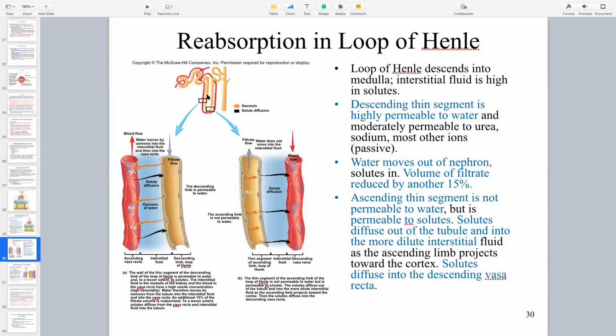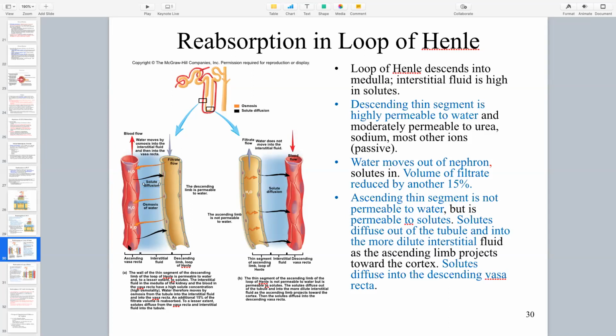So as the fluid in the filtrate moves downwards, down the descending limb, water moves out of this tubule system. It moves out of the thin loop. As water moves out, water then goes into the interstitial fluid and into the vasa recta.